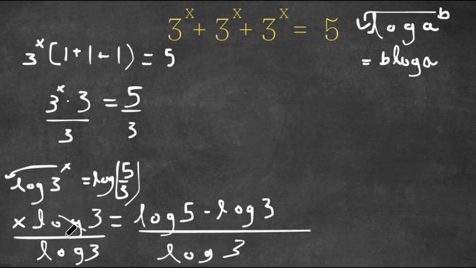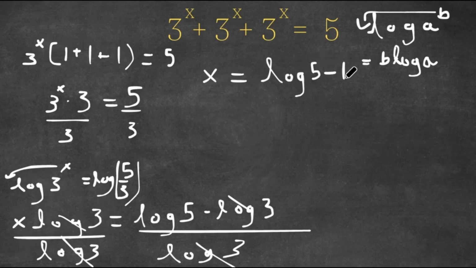So then these two cancel out, and I'm left with x is equal to log 5 over log 3 minus 1.